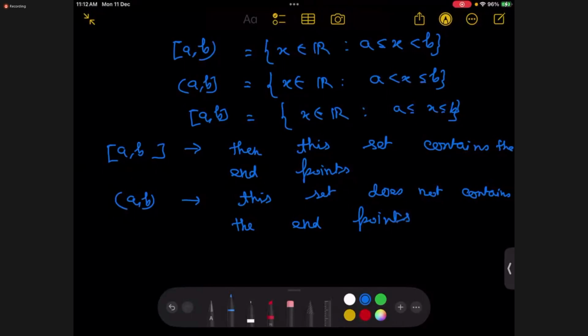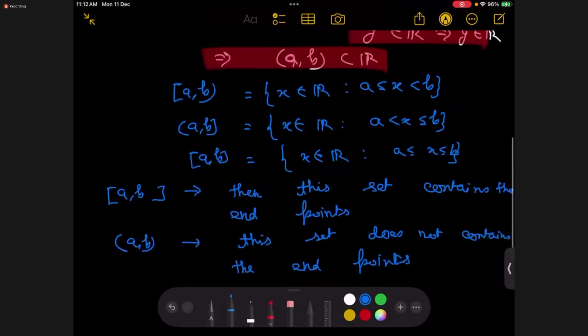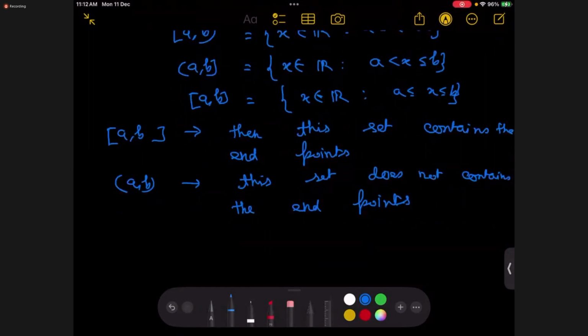Okay, and for this interval, open at a and closed at b, we can say the set does not contain the left endpoint but contains the right endpoint, and vice versa, the set contains the left endpoint but doesn't contain the right endpoint, like this. Okay, so these are all subsets of R.